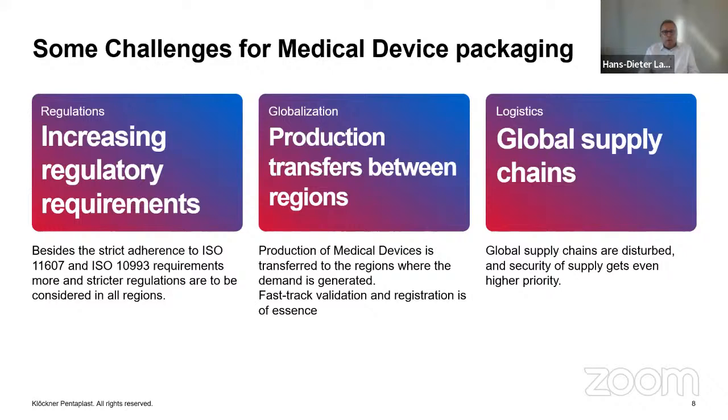And we have today the challenges of the global supply chains. They are disturbed. Security of supply is even higher priority than before, when we were used to everything going smoothly, where we are today not in the same situation.